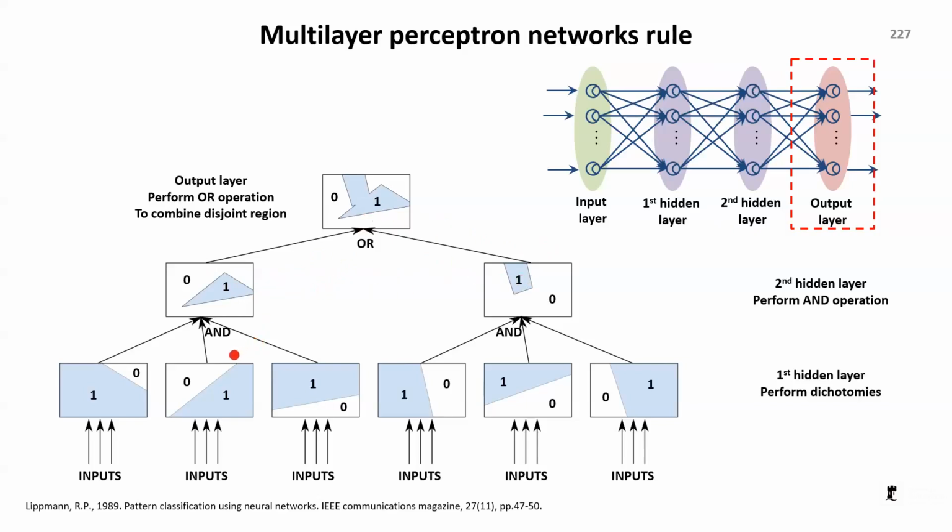So what do we see? If we have three layers of neural net, in principle, you should be able to perform any shape, right?